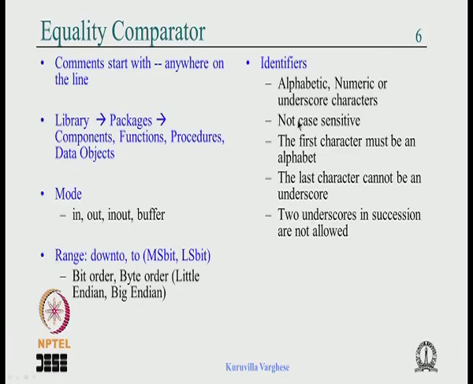I don't remember the exact number of characters you can use, maybe it is 32 characters, you can check with the standard because the standards keep changing. But for practical purposes you can give quite long names, there should not be a problem, but it is better to check with the latest VHDL standard and the tool compatibility, what the tool supports.